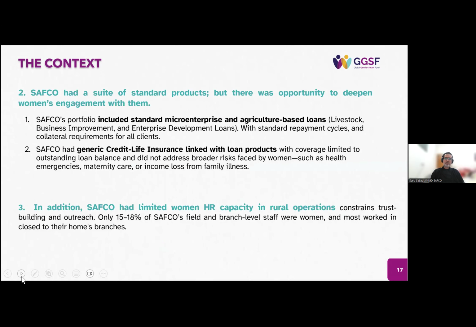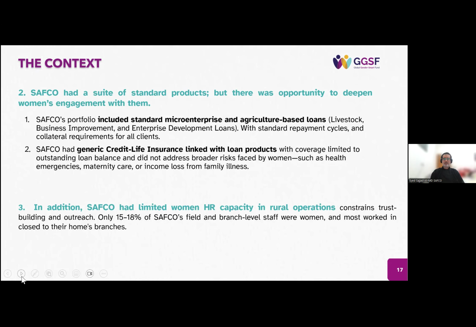Secondly, in terms of the provision of products and services, SAFCO already had some standard financial products which were offered to both males and women, particularly in the area where we were focusing on micro enterprise loans and agriculture-based loans.